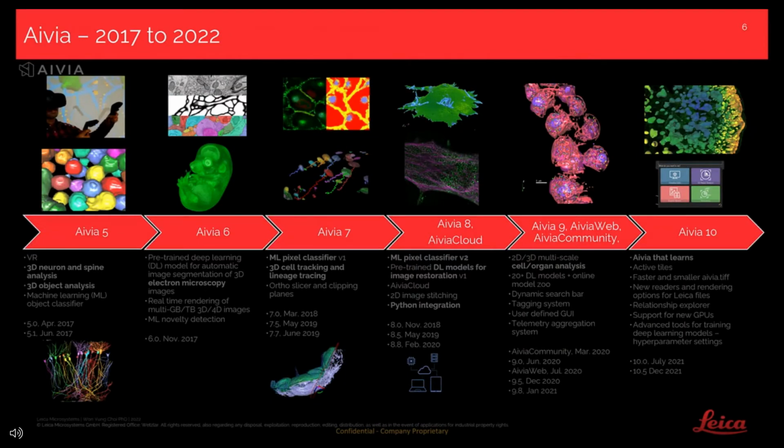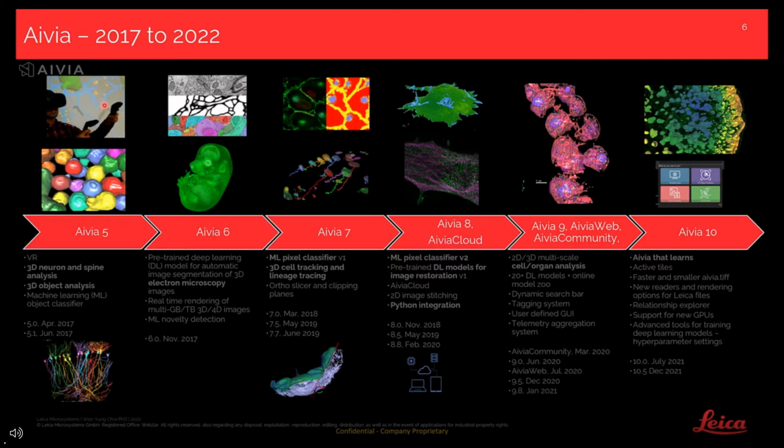AVIA has been at the forefront of enabling biological discoveries fueled by AI-based image analysis. Built on the foundation of over 32 patents in machine learning and computer vision over the last 20 years, the AVIA team located here in the Seattle Leica Innovation Hub has created multiple innovative tools to help researchers worldwide get to insights faster with greater accuracy.